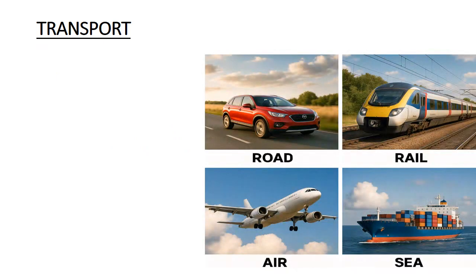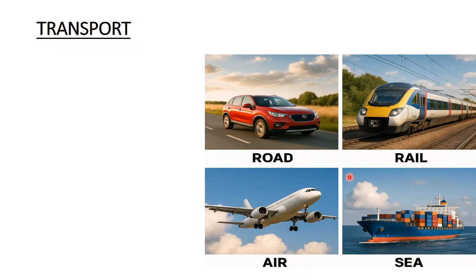So we start with modes of transport. These are the common four modes of transport, that is road, rail, air, and sea. In this video, we're going to concentrate on each of these, looking at advantages and disadvantages.